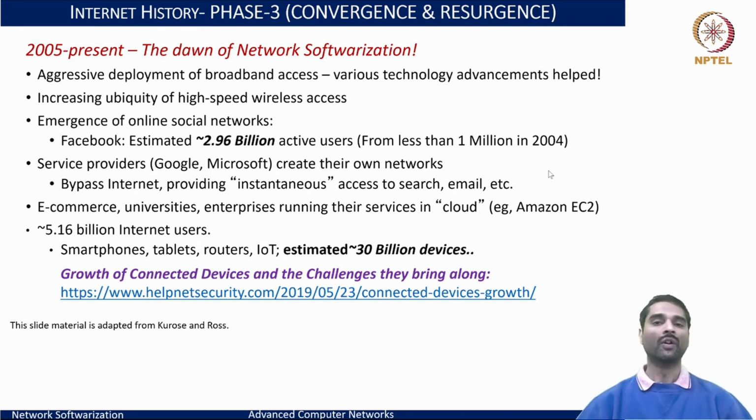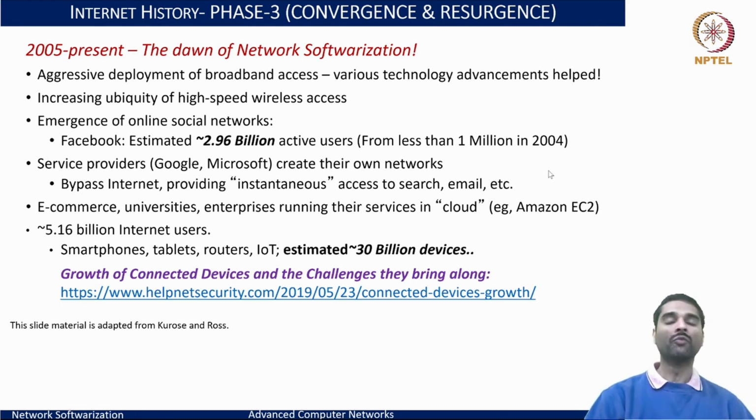And just to give an idea, the deployment of broadband access started to take shape, high-speed wireless access also started to come into the picture, and high-speed gigabit Ethernets were becoming more and more prominent.